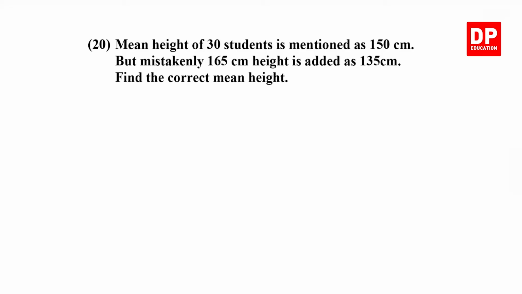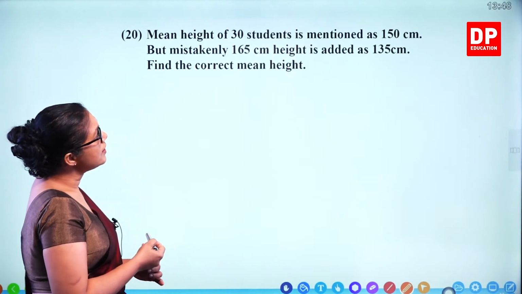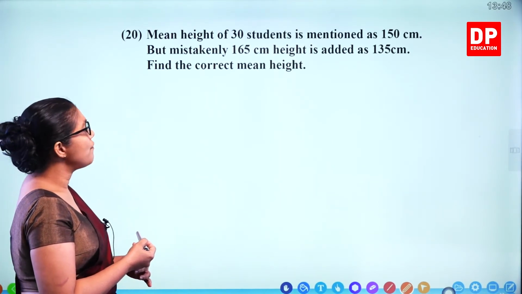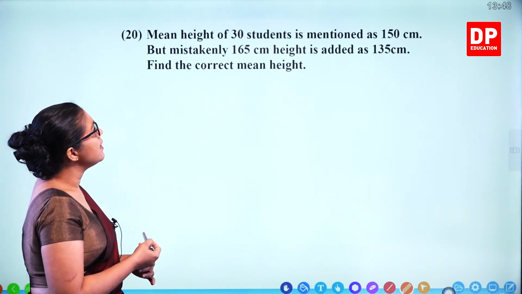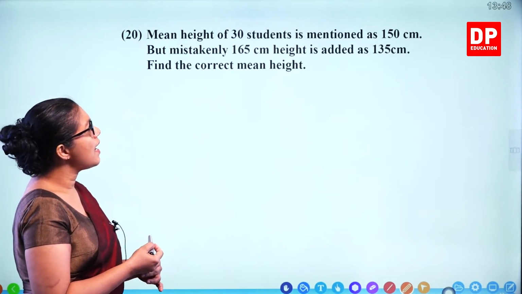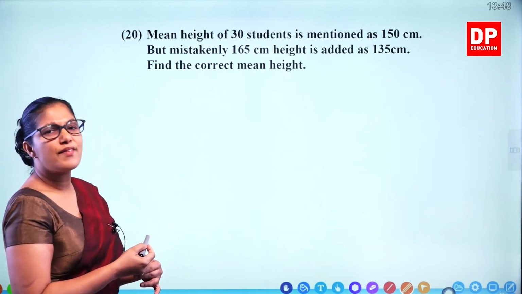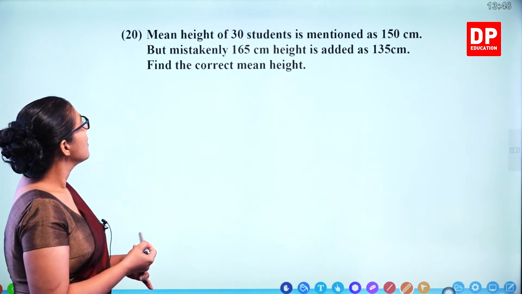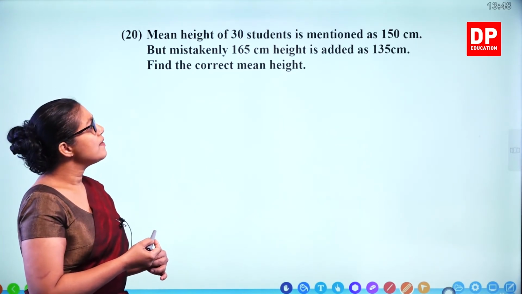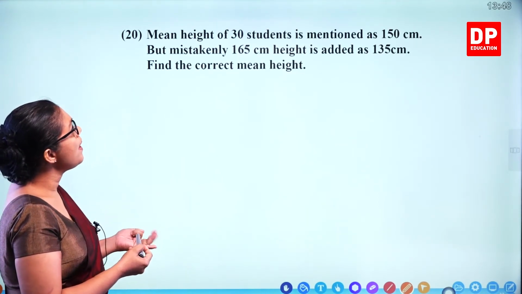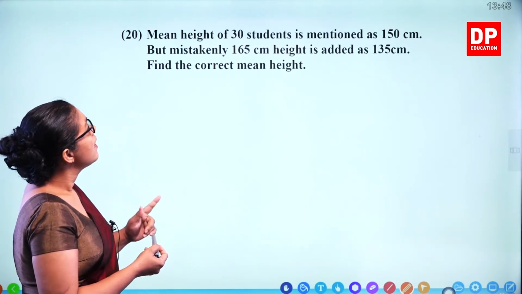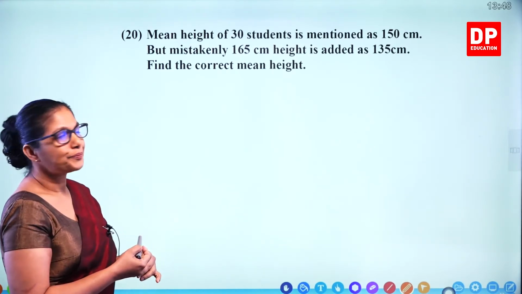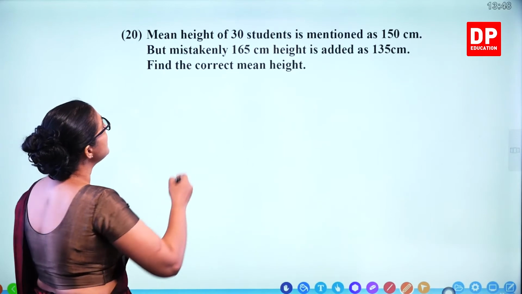Question number 20. Mean height of 30 students is mentioned as 150. But mistakenly a 165 centimeter height is added as 135. Find the correct mean. So that means the actual mean should be more than 150. So what's the total?